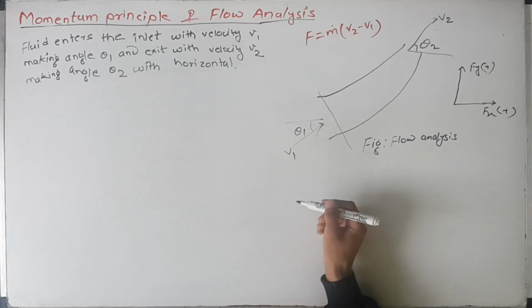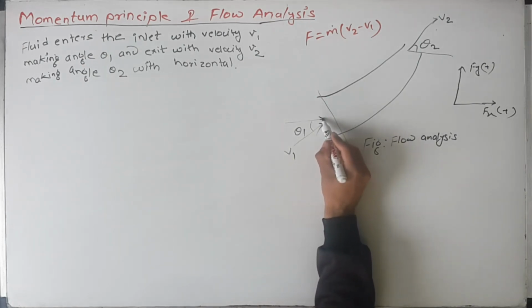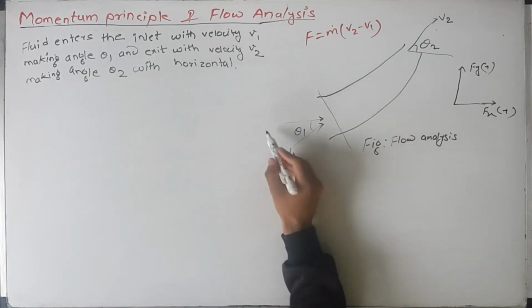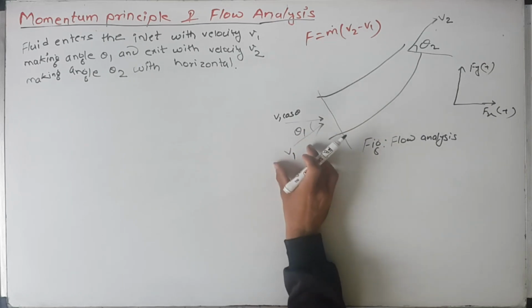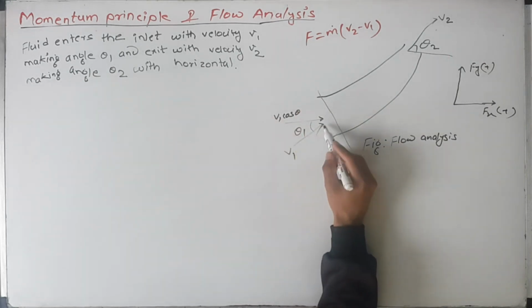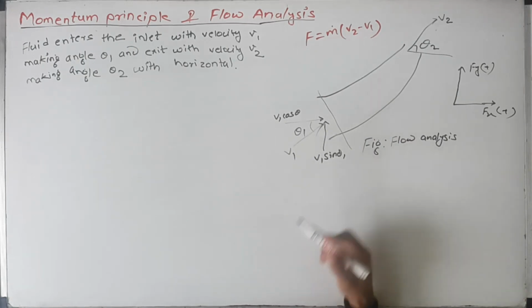So now we can resolve here. This is theta1, so here the horizontal projection is v1 cos theta1. This vertical projection is v1 sin theta1.